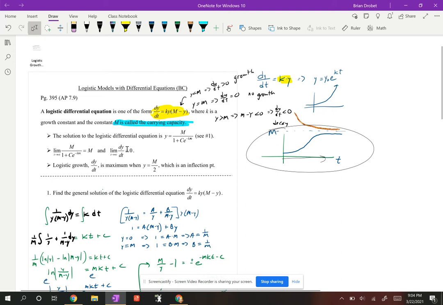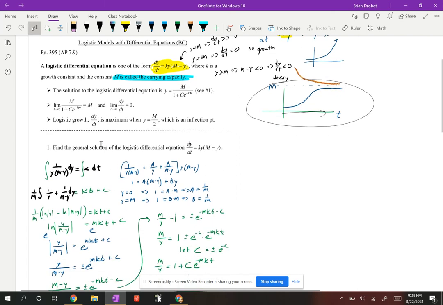The limit as t goes to infinity of the derivative is equal to 0, because as time goes by, the population gets closer and closer to its carrying capacity, and that slope is approaching 0. So the change goes to 0. The derivative is a maximum when y is equal to m over 2.